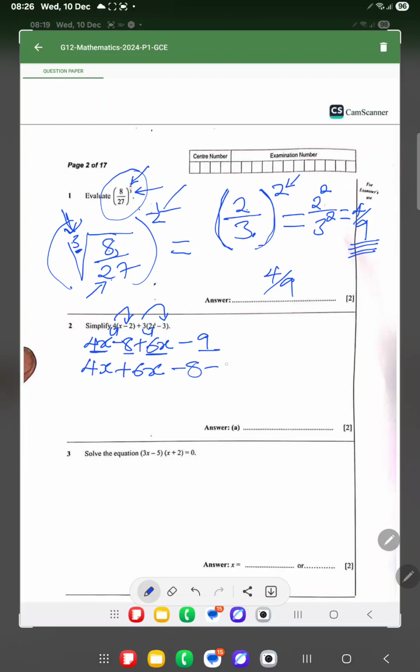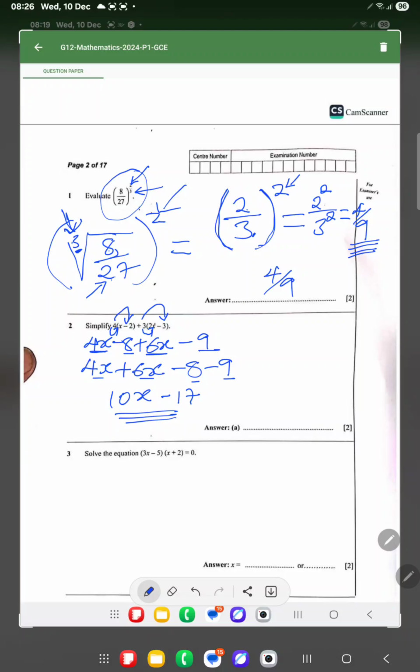So 4x plus 6x gives 10x, and minus 8 minus 9 is minus 17. So this becomes our final answer. That's how we can simplify any given expression.